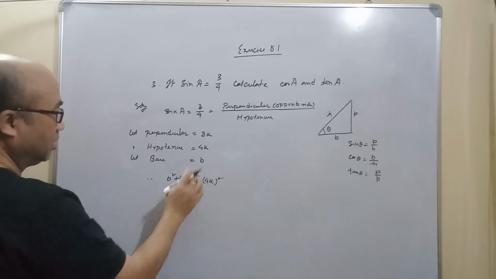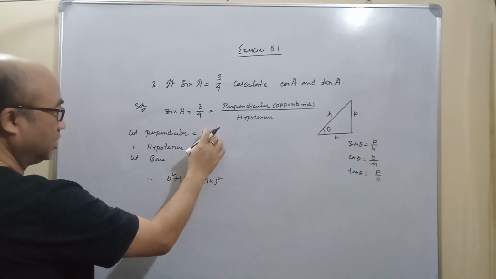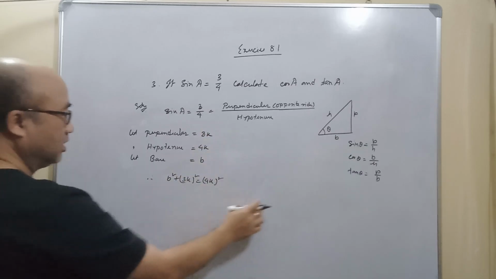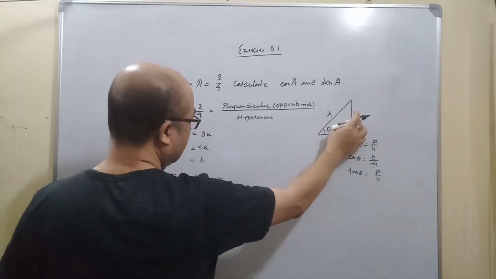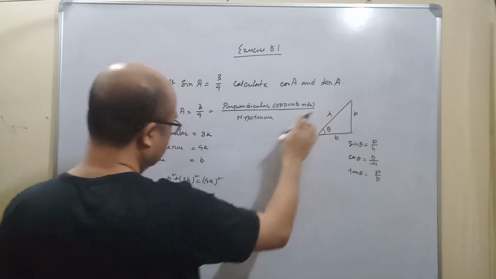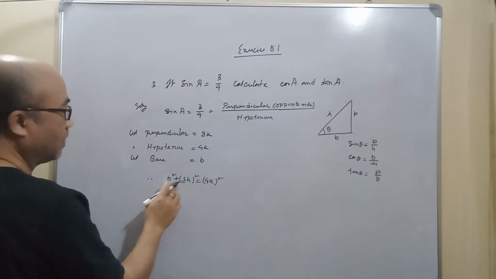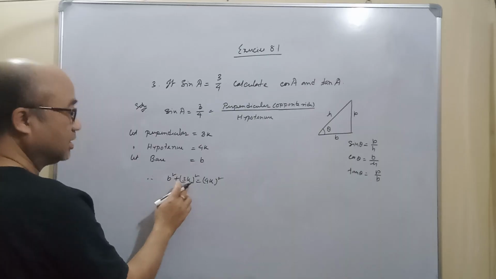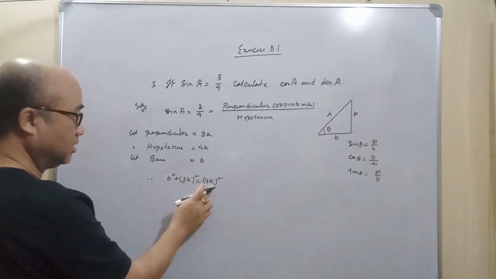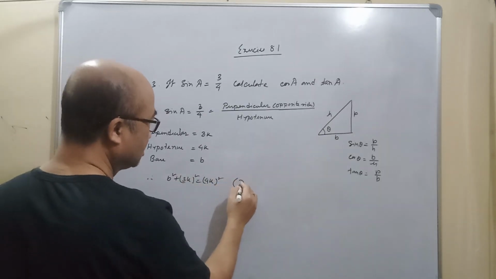Why? This is base, this is perpendicular, this is hypotenuse. Base square plus perpendicular square is equal to hypotenuse square. This is the Pythagoras theorem.